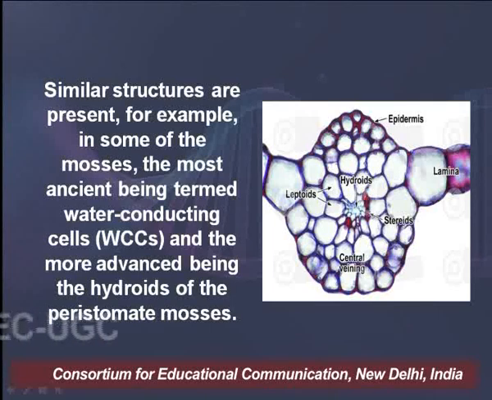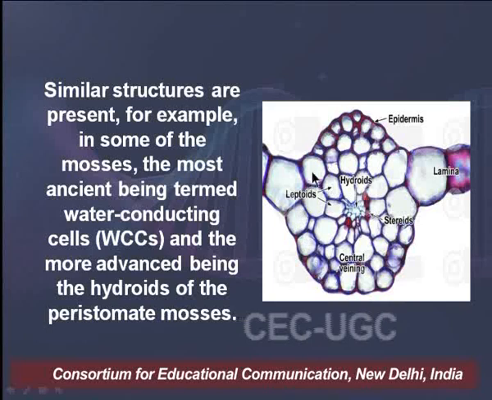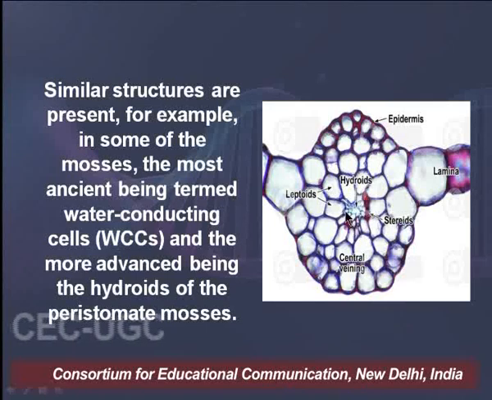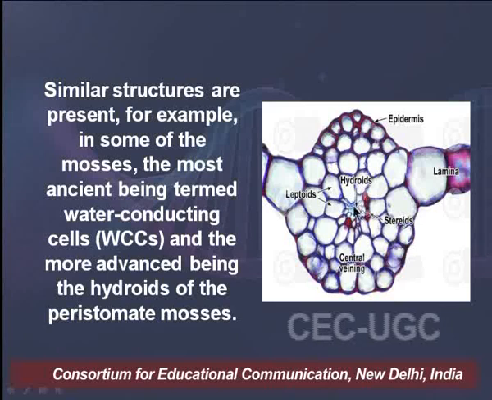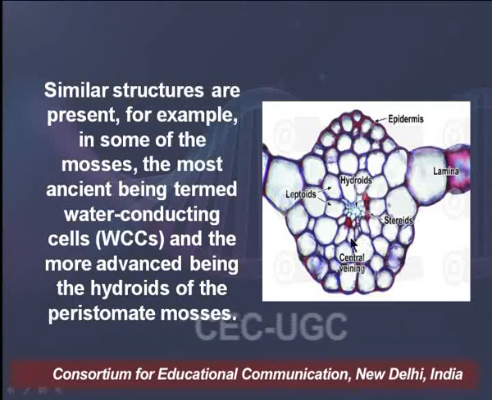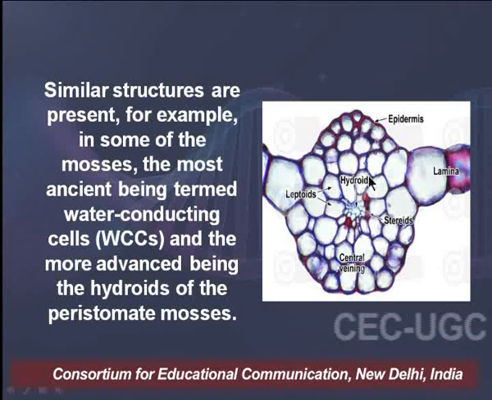In this diagram, which is a transverse section of a leaf of one of the mosses, we can see that in the center there are stereids, some of the mechanical tissues, followed by hydroids, and these hydroids are surrounded by larger cells also called leptoids.